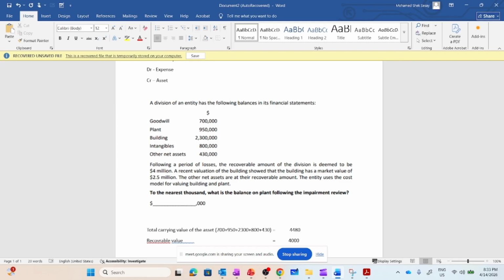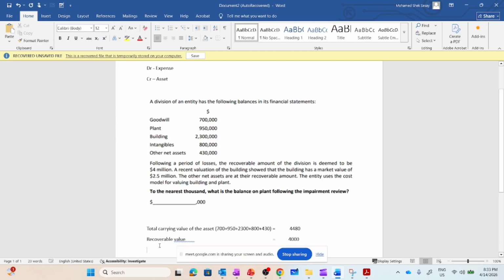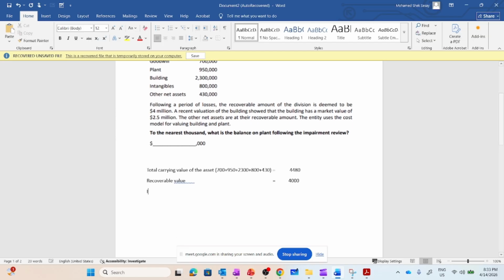So therefore, the impairment will be the carrying value minus the recoverable value, which is the 4480 minus the 4000. Are we together? So therefore, the impairment will be 480.